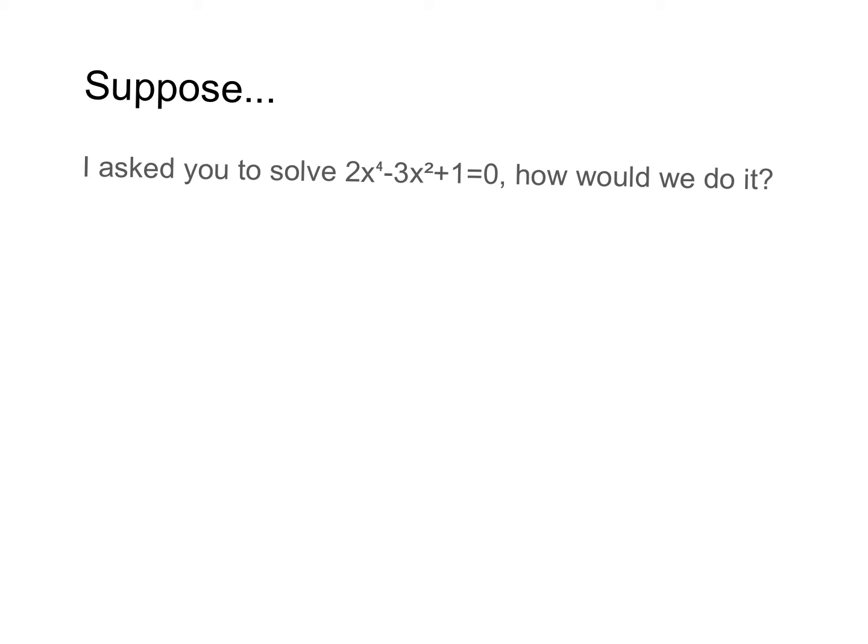So what I'm going to do real quick is say that h, some variable that I'm pulling out of thin air, is going to be equal to x squared. This allows me to rewrite this equation as 2h squared minus 3h plus 1 equals 0.